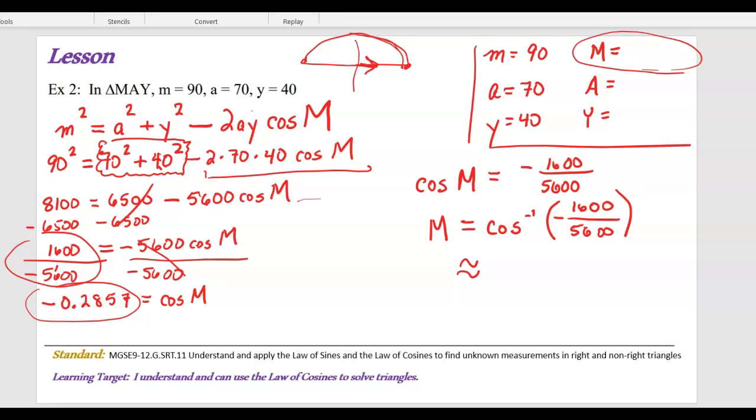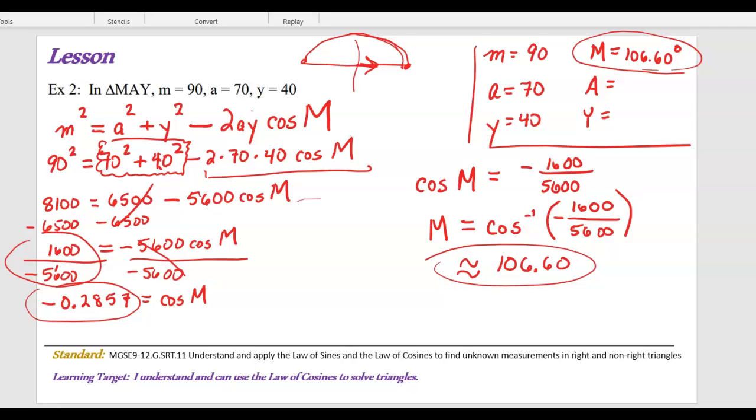So cosine inverse gives me 106.60. Once again, cosine inverse will give you obtuse angles, sine inverse will not.